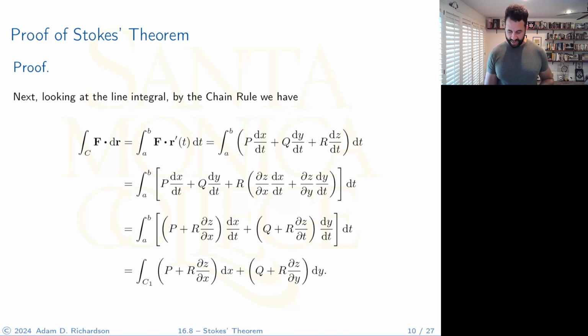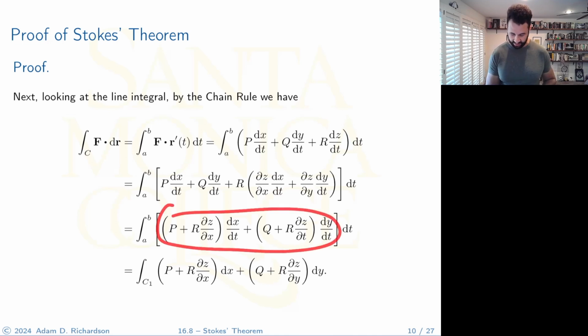And then now what we're going to do is we have to use the chain rule to get this derivative right here. Because remember, z is a function of x and y. So if we want to compute dz dt, then we need to basically multiply these partials and then add all the paths. So that's the chain rule in action right there. Next, we're going to move some things around and factor some things out.